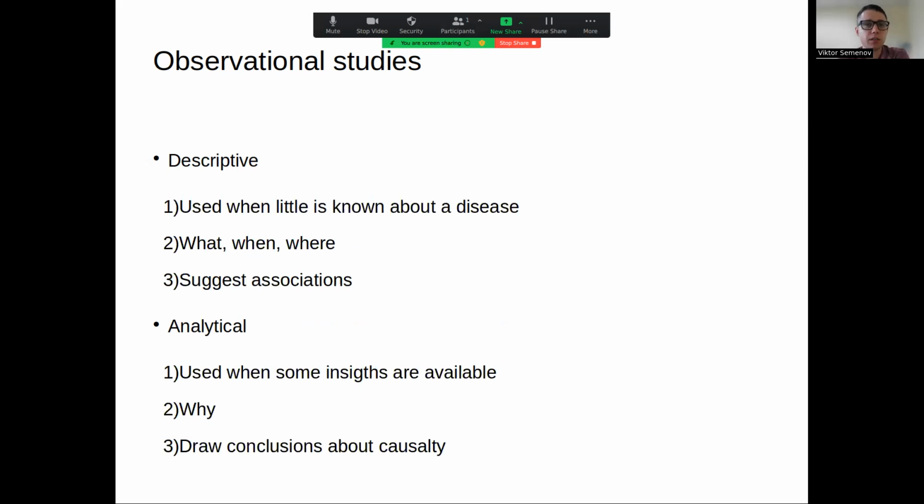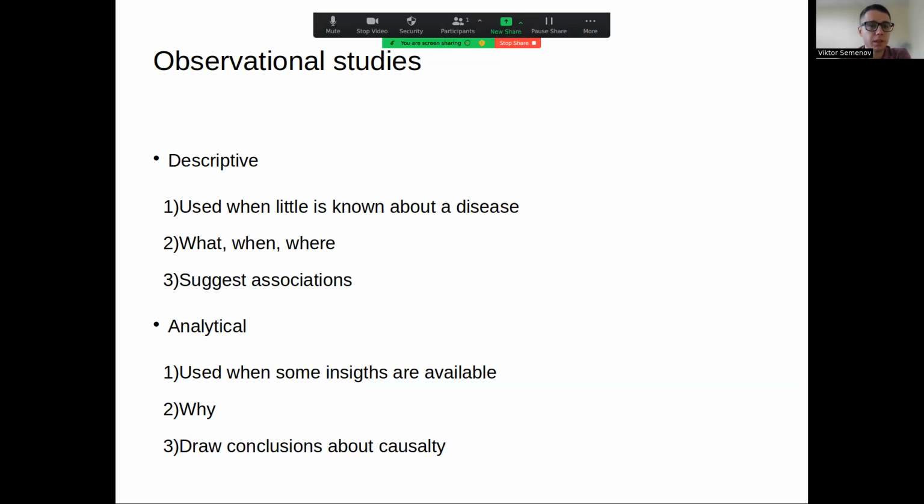So descriptive studies are used when very little is known about a disease. They try to answer questions which can be grouped as what, when, and where, and may, at best, suggest some associations, so drive some hypotheses which should be proven or disproven in further studies.